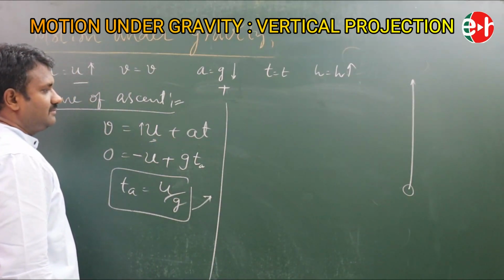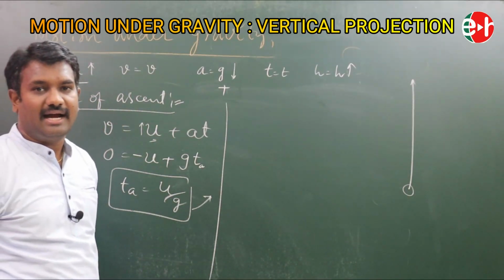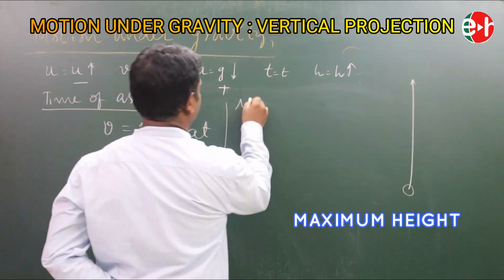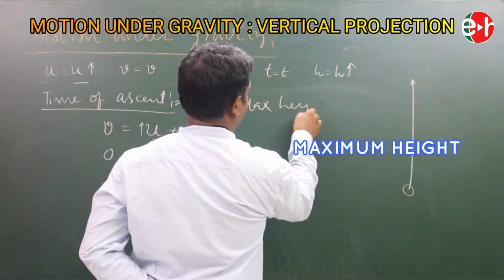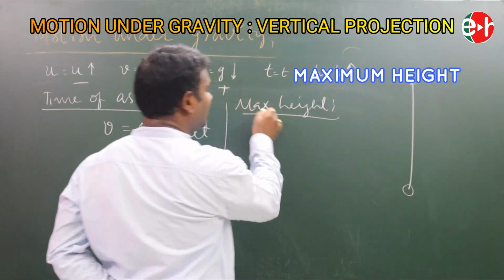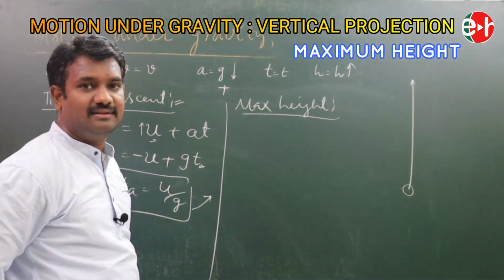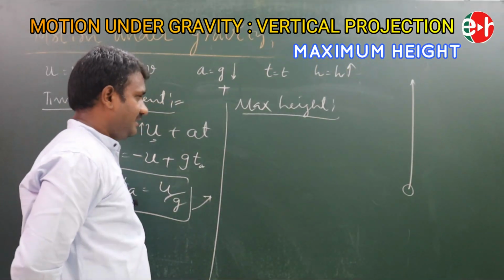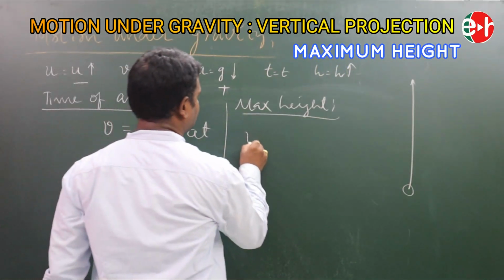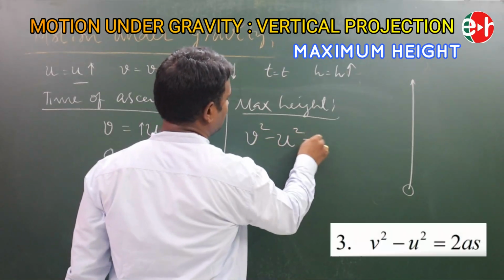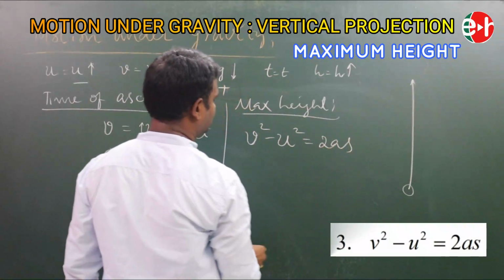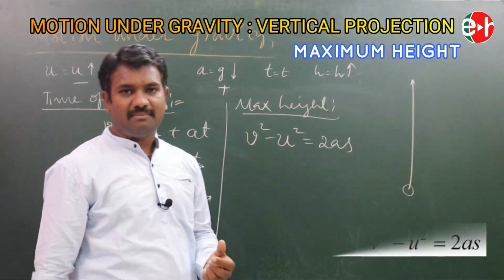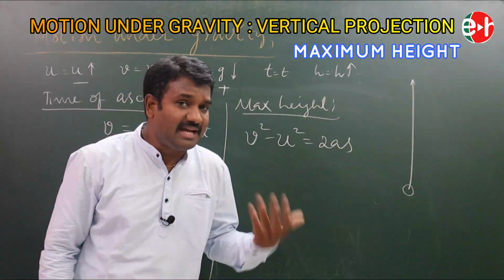Next one. Let us find the maximum height to which the body can raise. For that I am going to use my third equation, that is v square minus u square equal to 2as. When do you say that it is at maximum height?